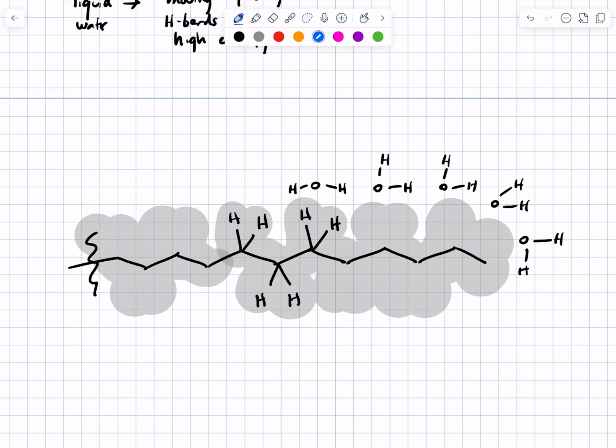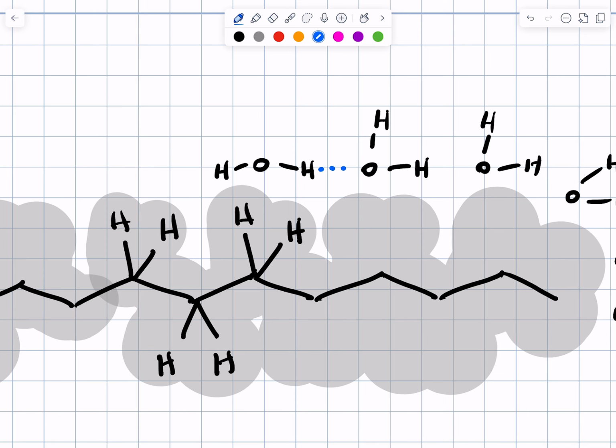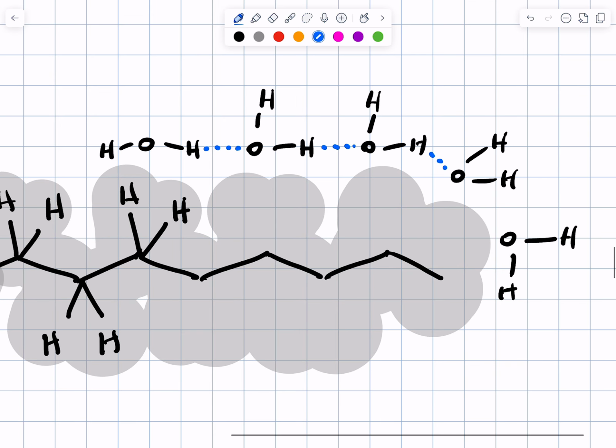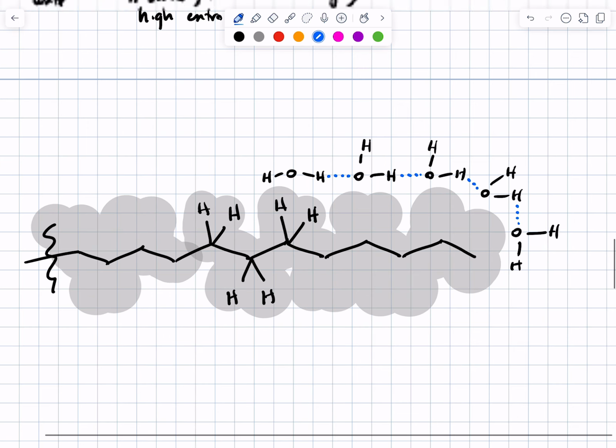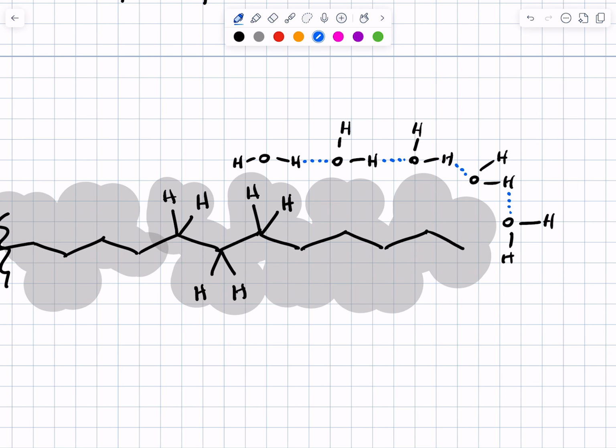So I'm going to illustrate this with just sort of dotted lines between the oxygens and the hydrogens. What you should understand is that water molecules in the immediate vicinity of the nonpolar surface area have to slow down and strengthen their remaining hydrogen bonds because they've lost some, because the nonpolar stuff is taking up space.